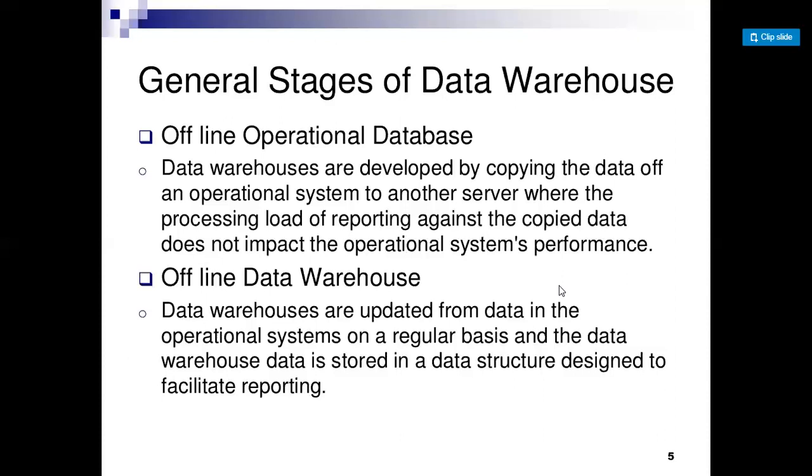The difference between these two is not very critical, but in the first one we copy data, and once it is copied, it does not update it. But in the second one, the data is updated after a regular interval.